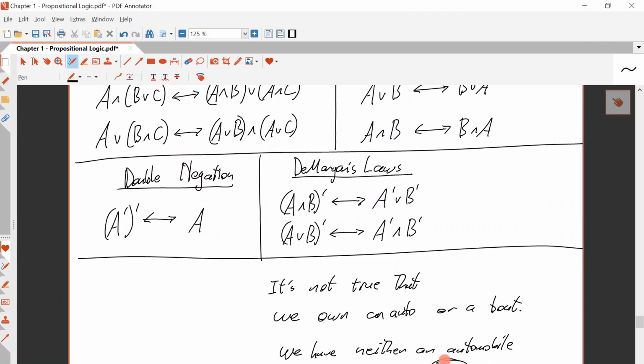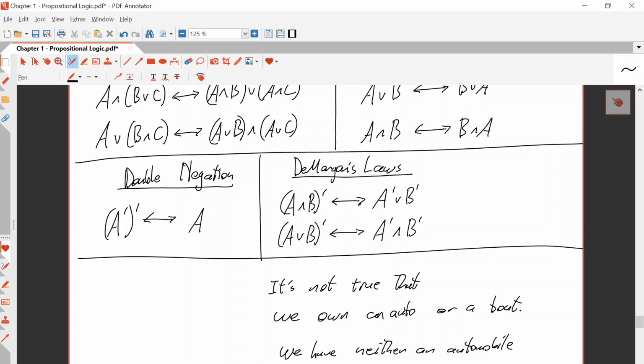So nor isn't or. Nor is not or. So it's actually a conjunction. We don't have an automobile and we don't have a boat, right? If it's not true that we have an automobile or a boat, that means we don't have an automobile and we don't have a boat.